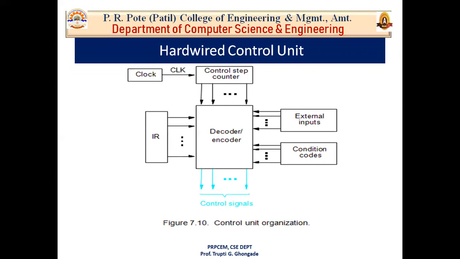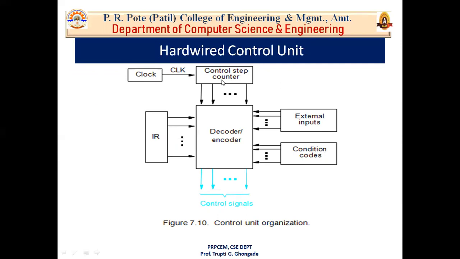Here in this diagram, we use a control step counter. This is a clock. In one clock period we execute step 1, in another clock period we execute step 2, and to keep track of these steps, we use a control step counter.